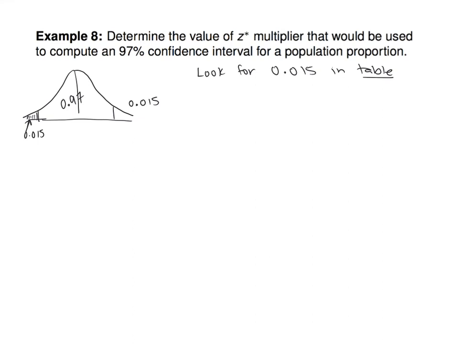And it should be a more negative number than negative 1.9. And you see it's negative 2.17. So your Z star is the absolute value of negative 2.17, or 2.17. And a higher confidence level should come out as a bigger value, so there you go.